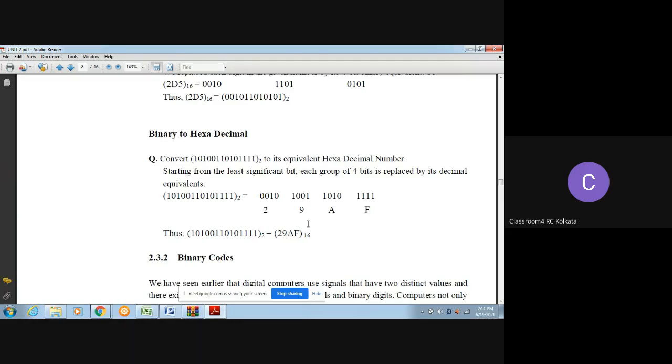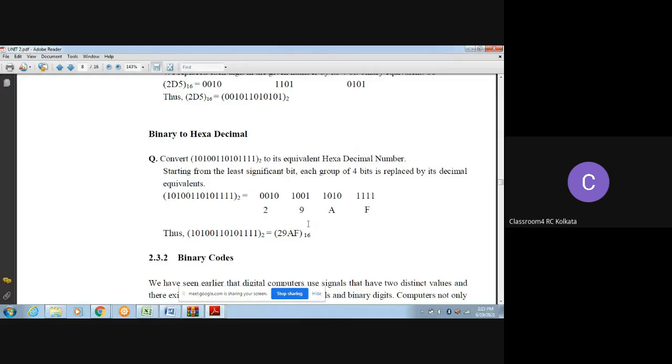Say my octal number is 23.4 whole base 8. This is an octal number.